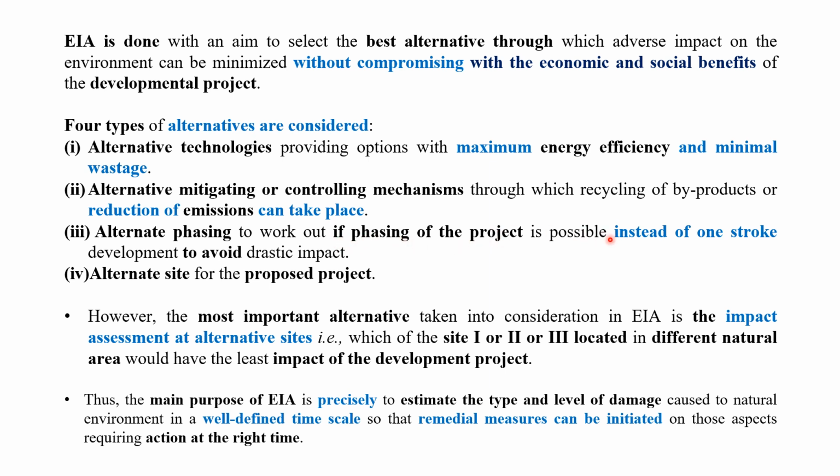If phasing of the project is possible, instead of one stroke development, to avoid drastic impact, the phasing-wise work also needs to be done if required. Then an alternative site for the proposed projects. So for any development projects, at the time of EIA, these alternatives should be considered so that the development projects would not harm the environment.